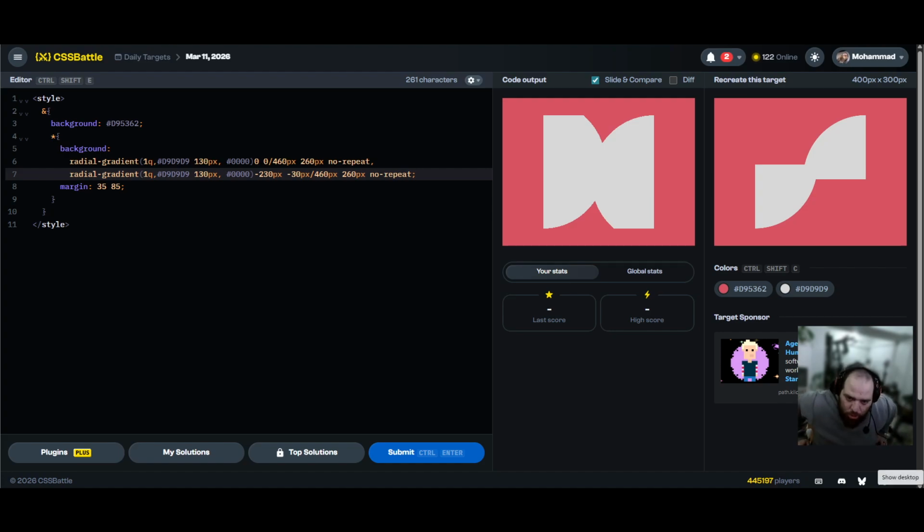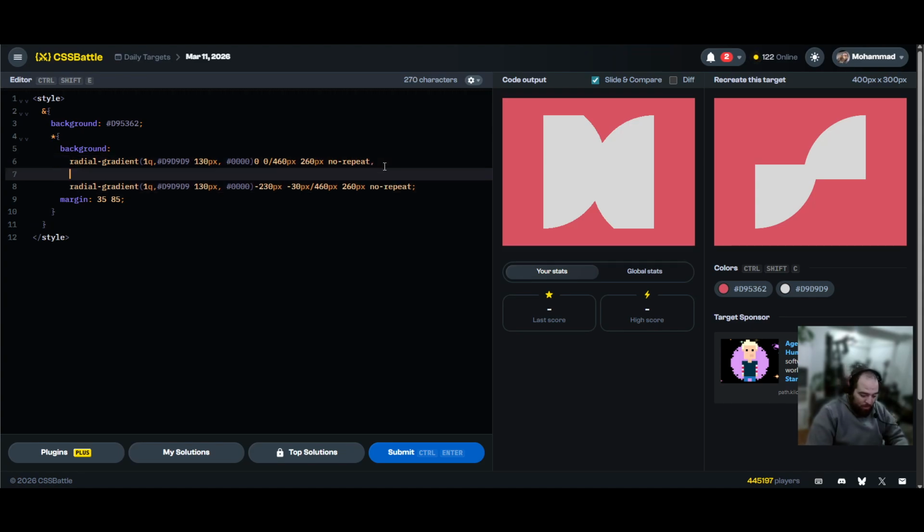So we have these two balloons, and now I just need to clip these, and I'm going to use a linear gradient. Yay! So the linear gradient for the bottom one is going to go from transparent to pink.